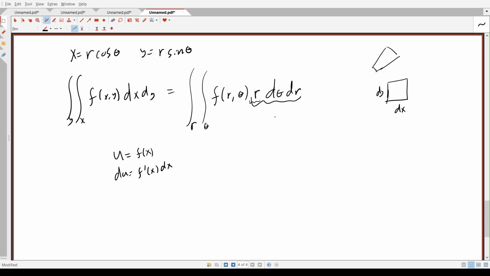The r is kind of the equivalent of the f prime, where it just comes up from the fact that we're changing coordinates. So that's a really easy thing to forget. We always need to put that r whenever we're changing into polar coordinates.